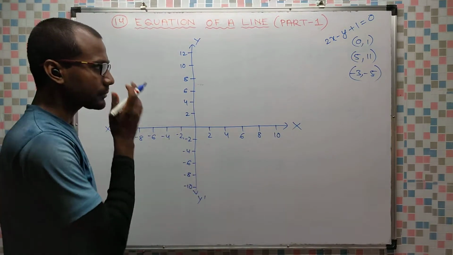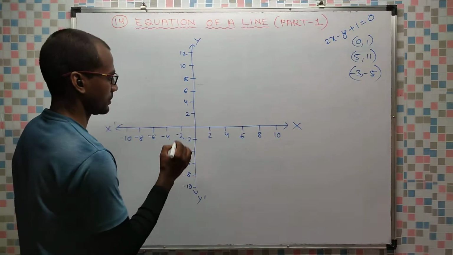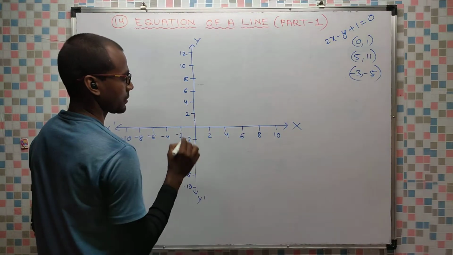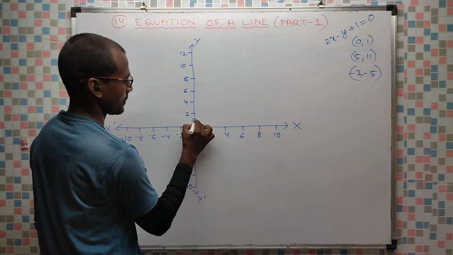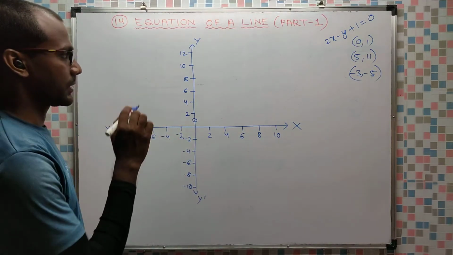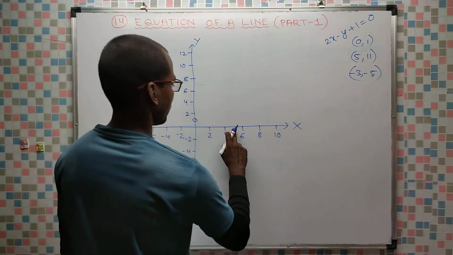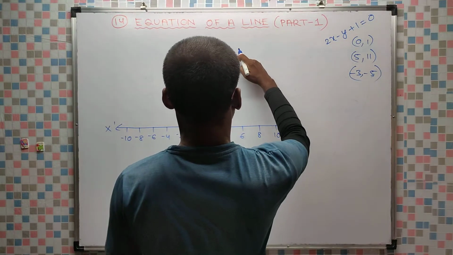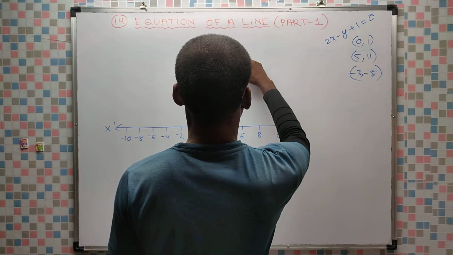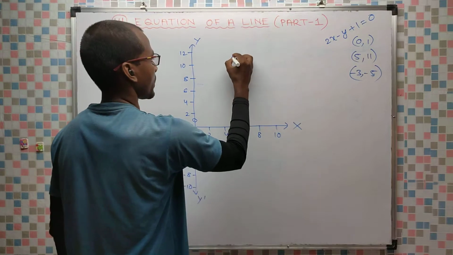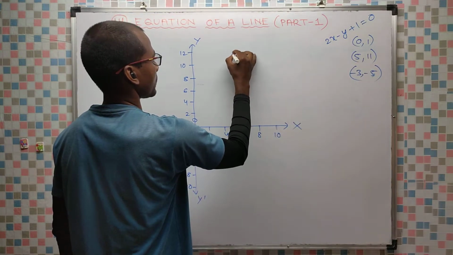So where is (0, 1)? On the y axis, this is (0, 1). Next is (5, 11), somewhere here this is (5, 11).